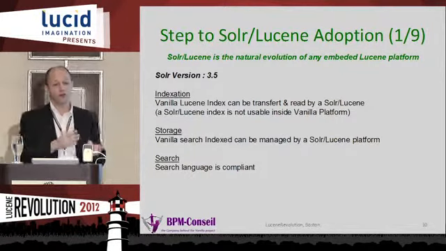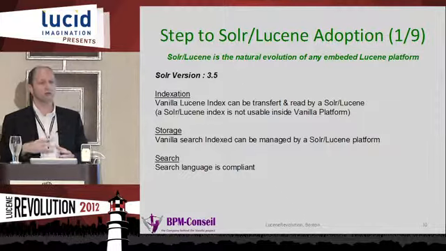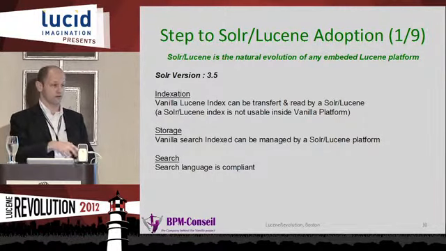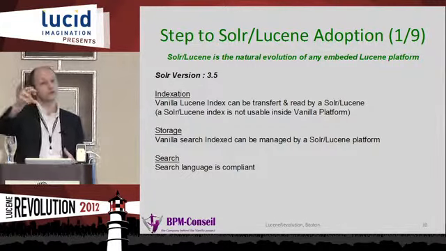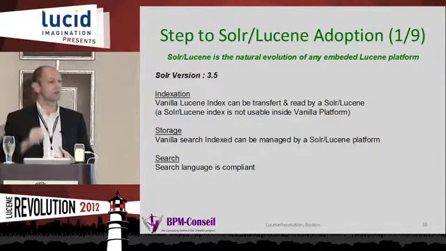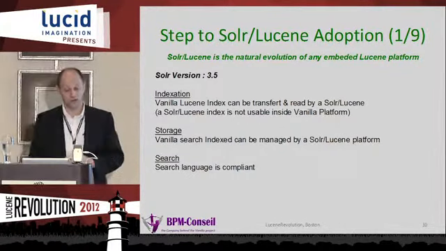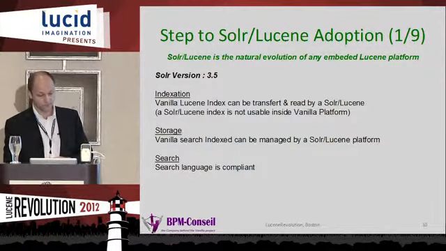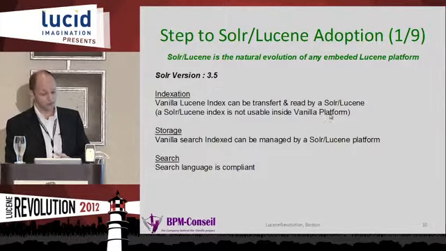So directly from one day to another, we can have a batch file that every day takes the Solr Lucene index from Vanilla and puts it in an external Solr Lucene application. And it's running pretty well, no problems. So about indexation, it can be written.